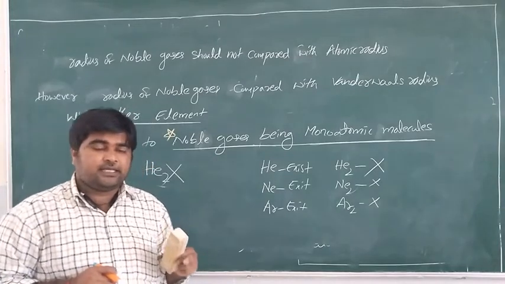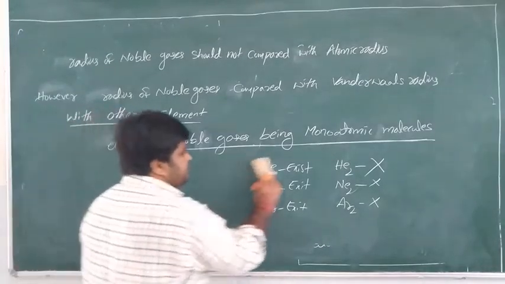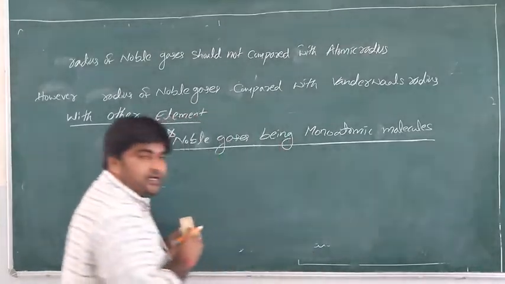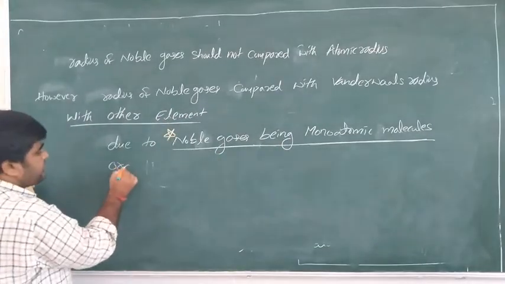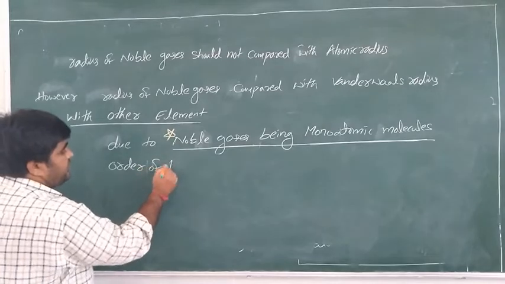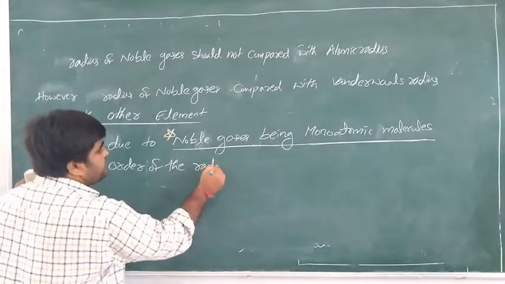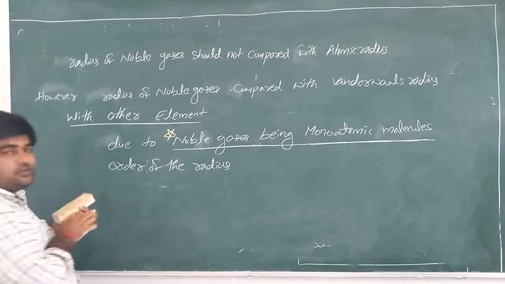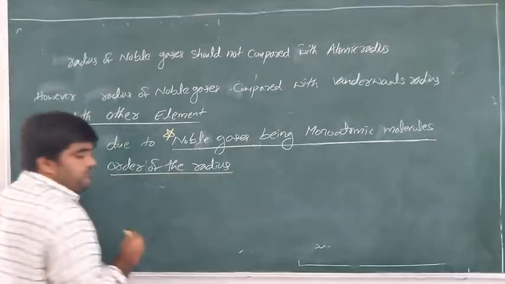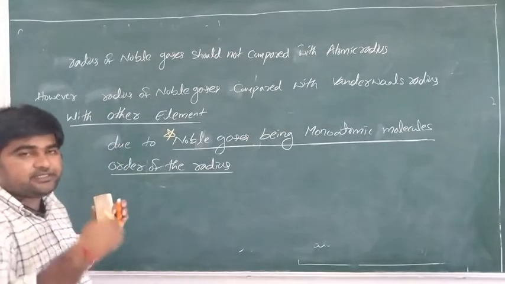So which radius is more? Order of the radius. Which one is more: van der Waals radius, crystal metallic radius, or covalent radius?